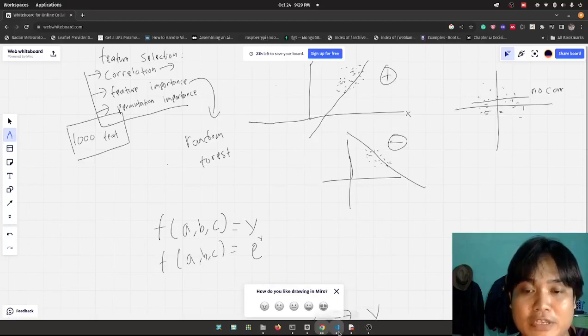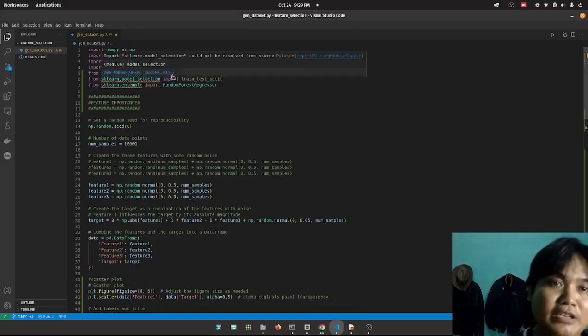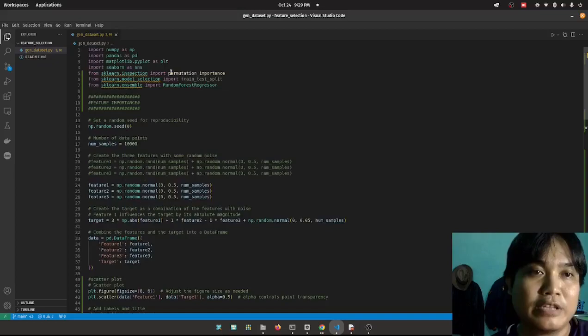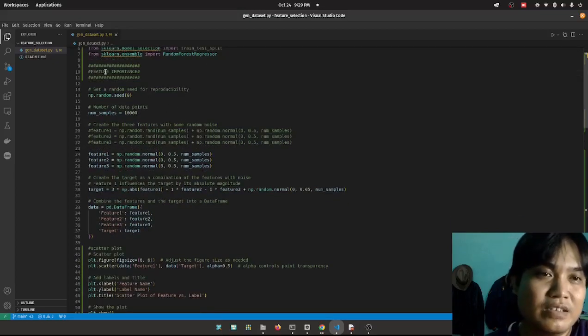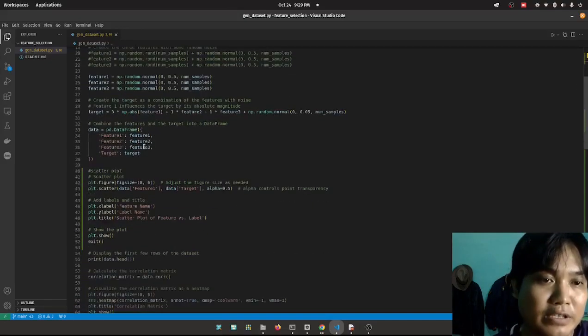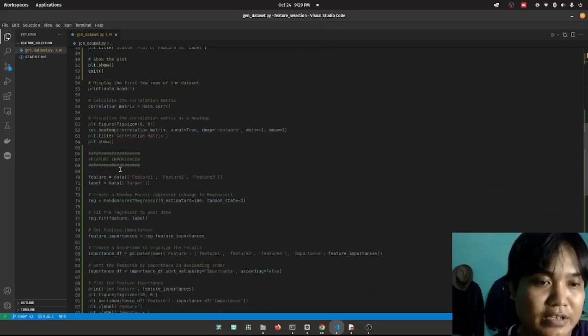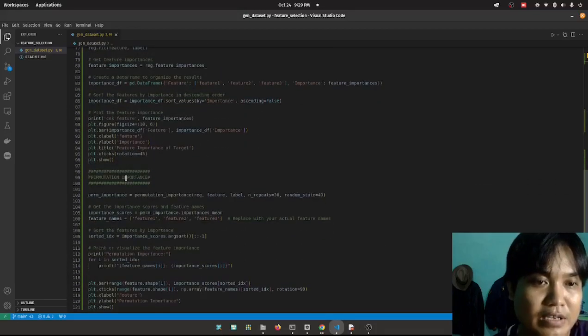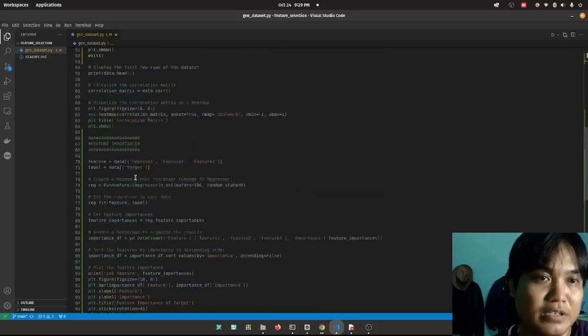Let's do the code. Okay, so here I already built the test for feature selection. Here I have feature importance, correlation, and permutation importance.